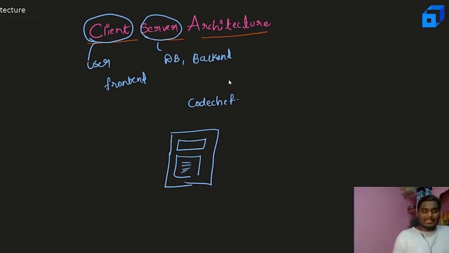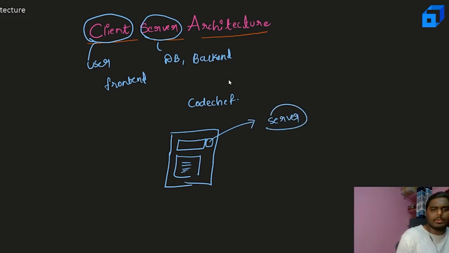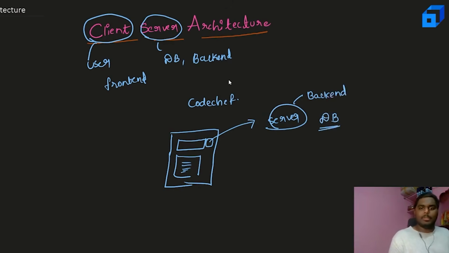So what exactly happens behind this? Whenever you hit that submit or search button, it will go to a server. You can typically call it a backend. Let's assume there is some DB over there which is storing all the information of CodeChef users.